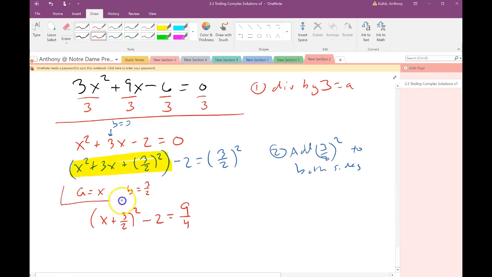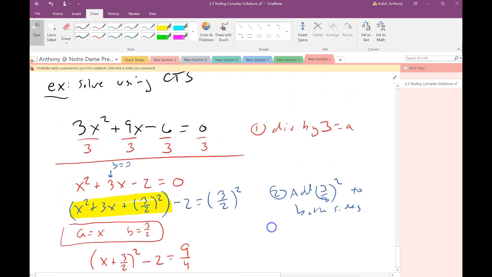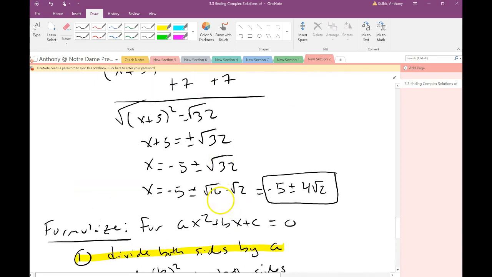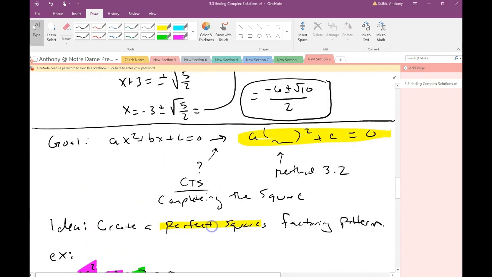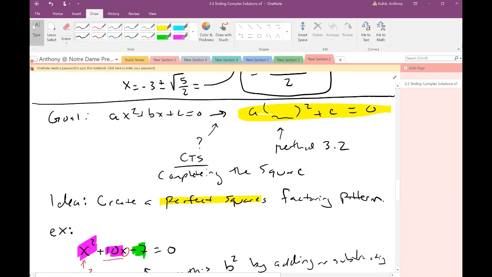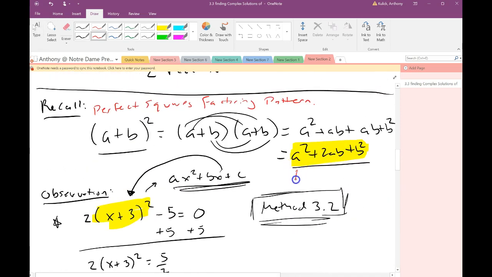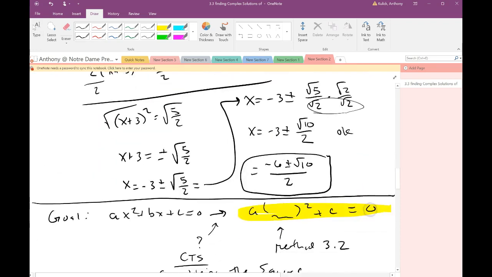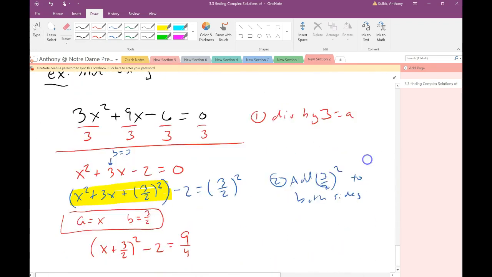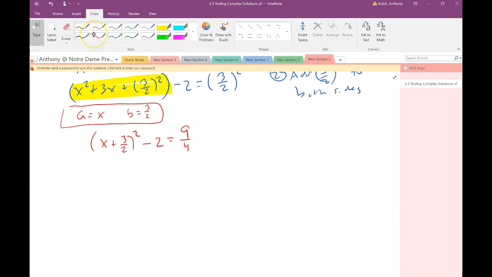So, again, what am I doing here? If I go back and look at my perfect square factoring pattern, it is way up here. A squared plus 2ab plus b squared is all I need to figure out that. And from here, I can now just use my method from 3.2.